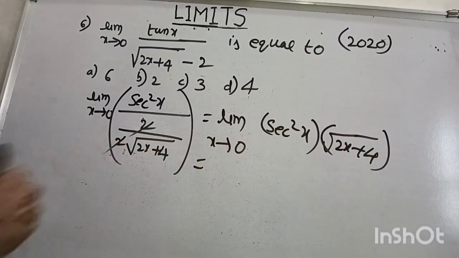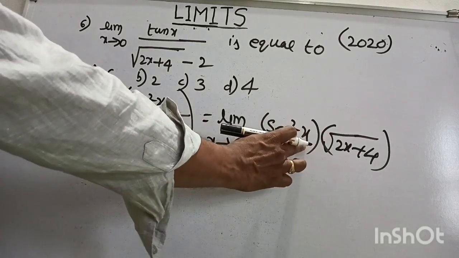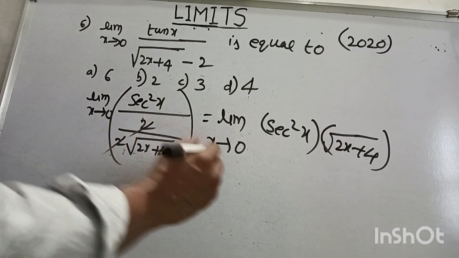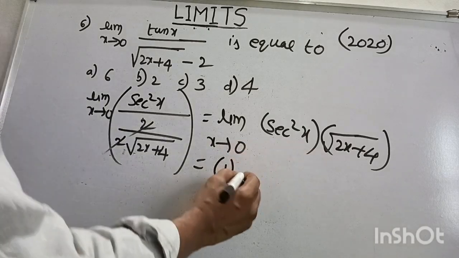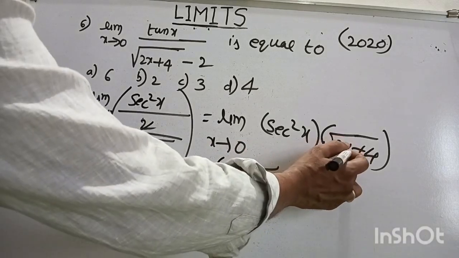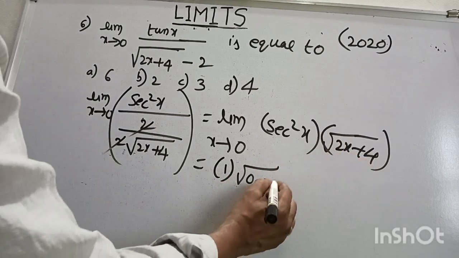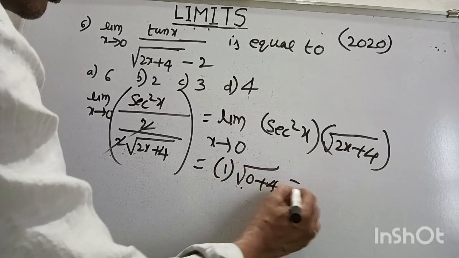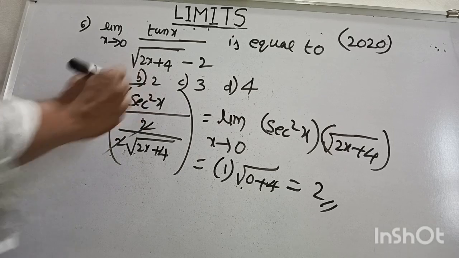Now substitute the limit value, x tends to 0. Secant 0 is 1, and 1 square is 1. Again root of 2 into 0 plus 4, root 4 is 2. So 2 into 1 is 2. So the answer is 2. Option B is correct.